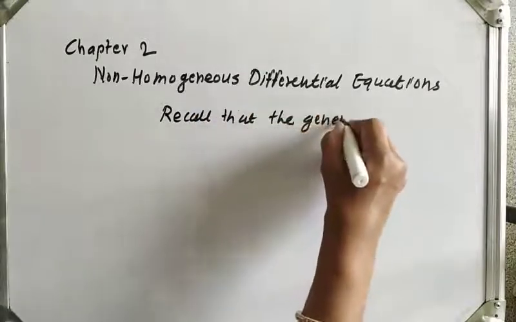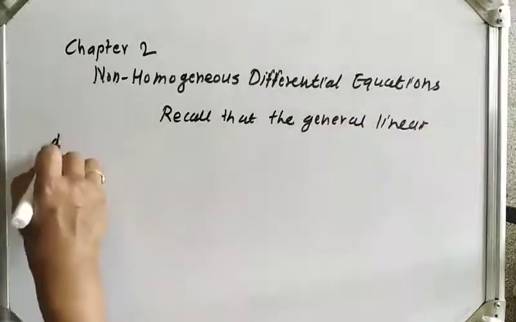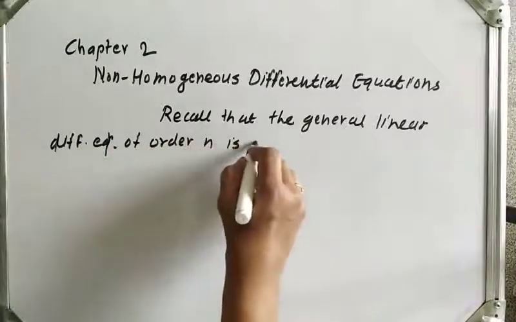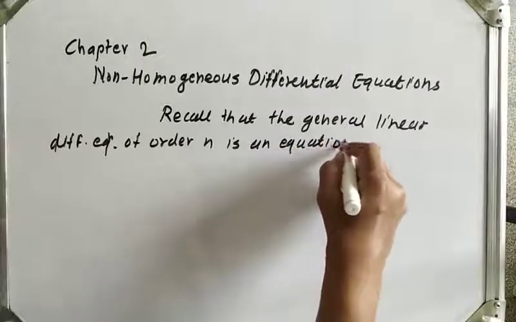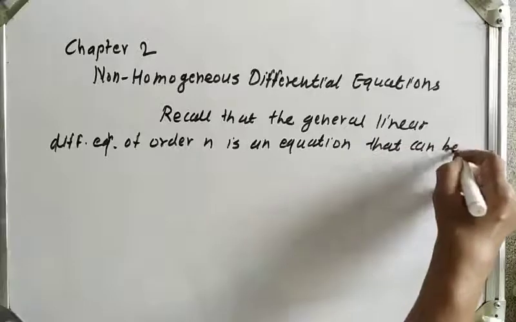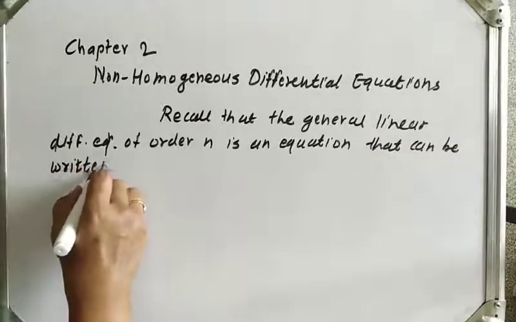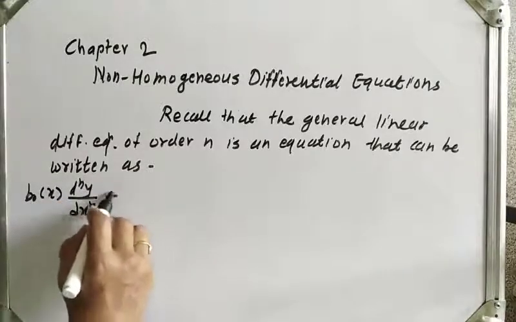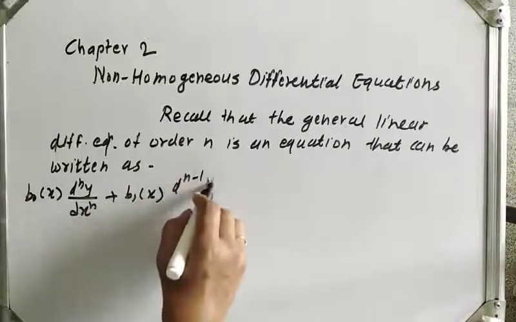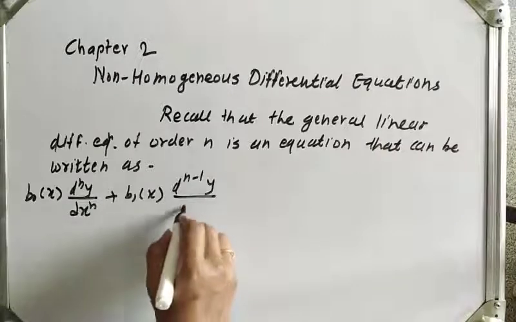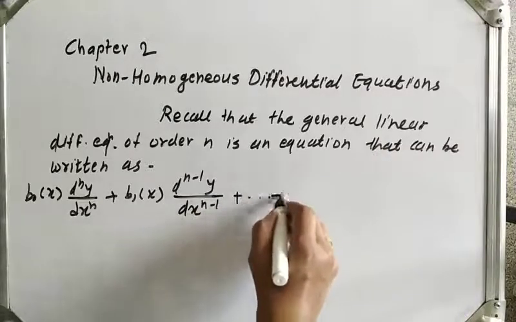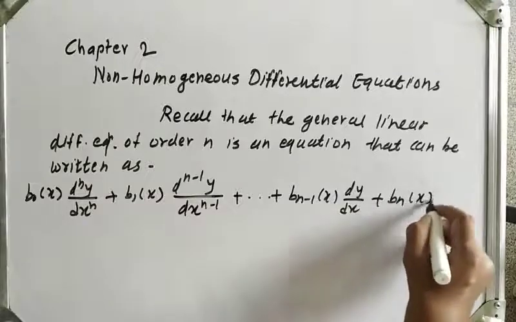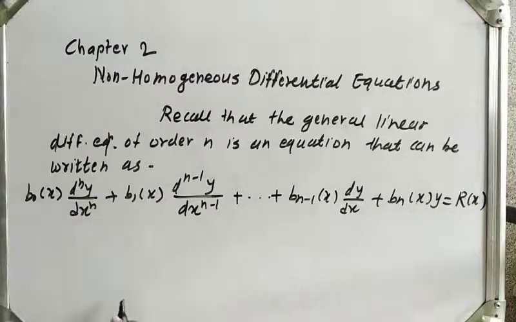the general linear differential equation of order n is an equation that can be written as b0(x) d^n y/dx^n plus b1(x) d^(n-1) y/dx^(n-1) plus ... plus b(n-1)(x) dy/dx plus bn(x) y is equal to r(x).